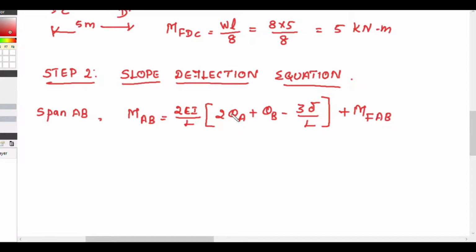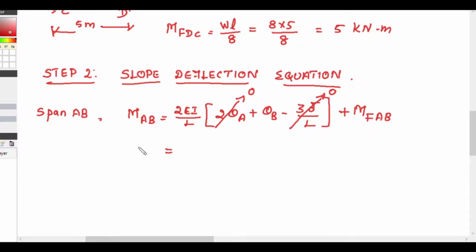We know A is a fixed support, so theta A is equal to 0. There is no slope at A. There is no settlement of support, no deformation in the span AB. Therefore, delta becomes 0, so this term becomes 0.